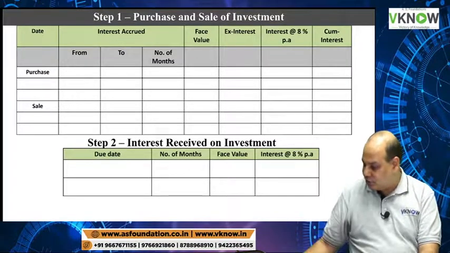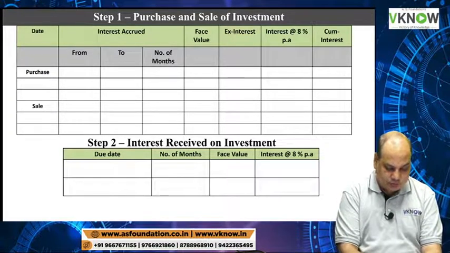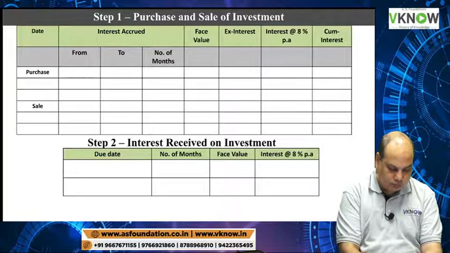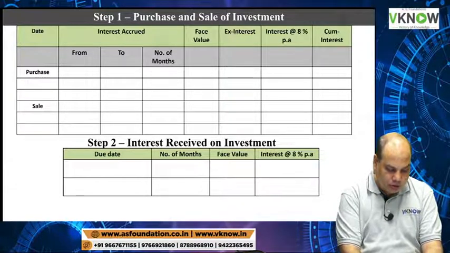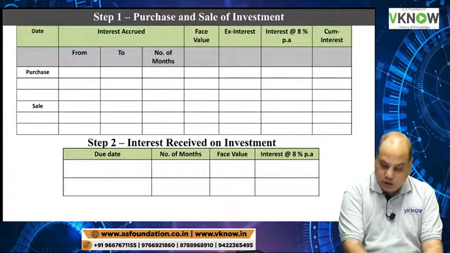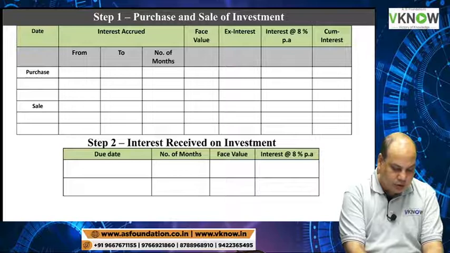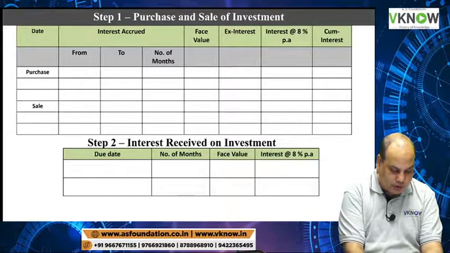Then you write down face value, then you write down ex interest, and then you write down interest at the rate of 8%, cum interest, and then you draw the columns. Because once you draw the columns, easy for you to write.